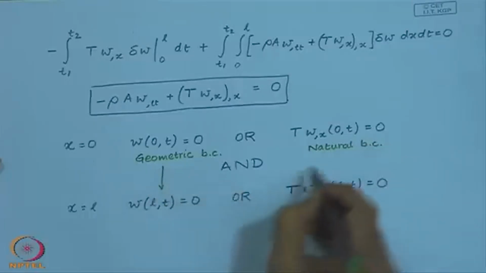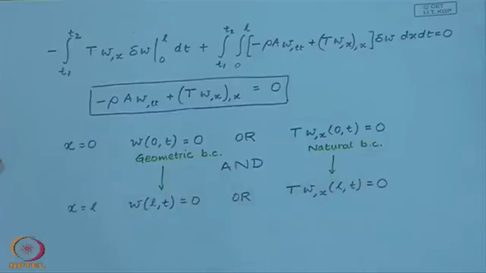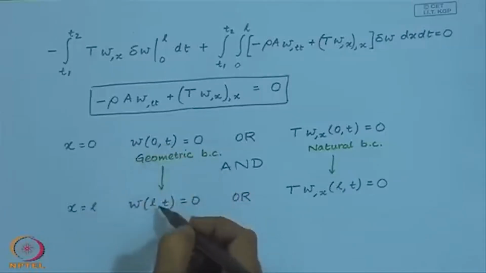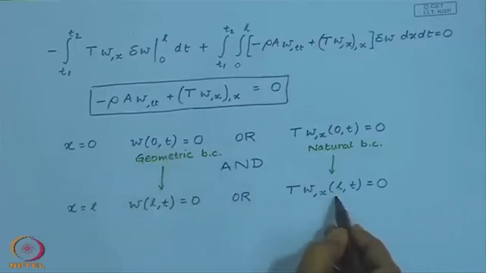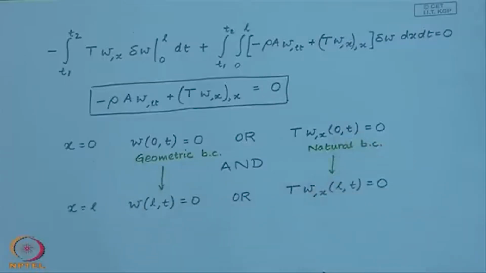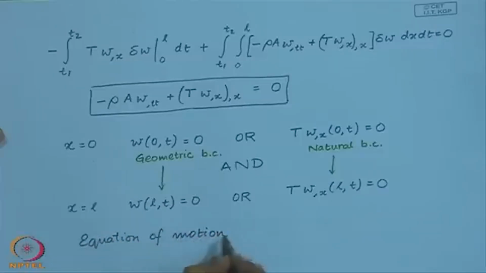And same thing here. So, what are the various possibilities? Possibilities are both ends of the string are fixed, or one end is fixed, one end is sliding, or both ends may be sliding. So, what we find here is that not only do we get the equation of motion, but we also obtain all the possible boundary conditions.